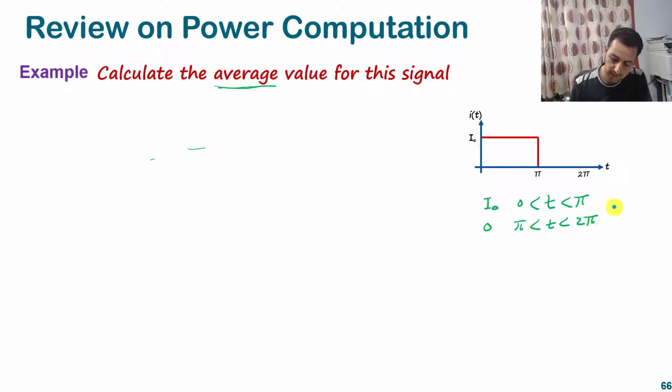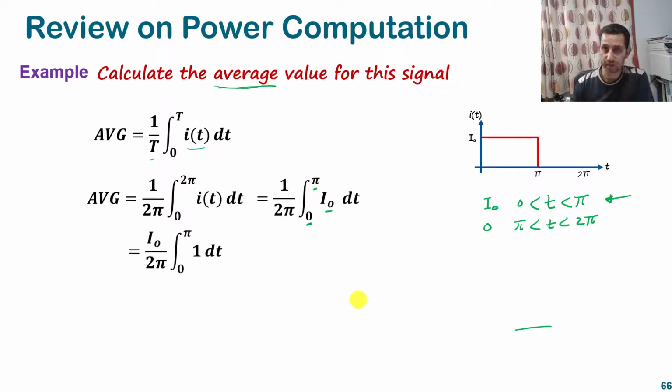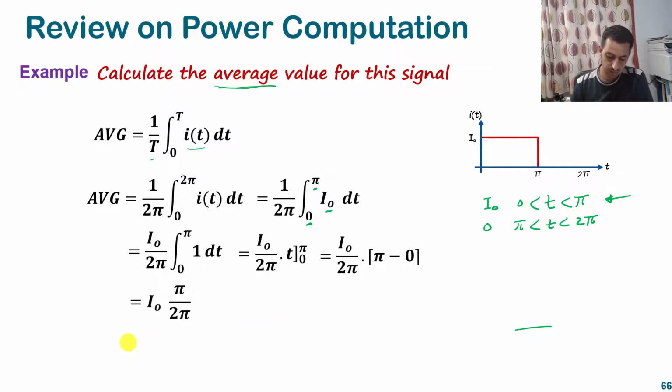So the integration will be just for the period from 0 to pi for I naught. Because I naught is constant, it will be outside, and the integration is just for the value of 1, and that will finally give I naught times pi over 2 pi, and again pi is the on time and 2 pi is the period.